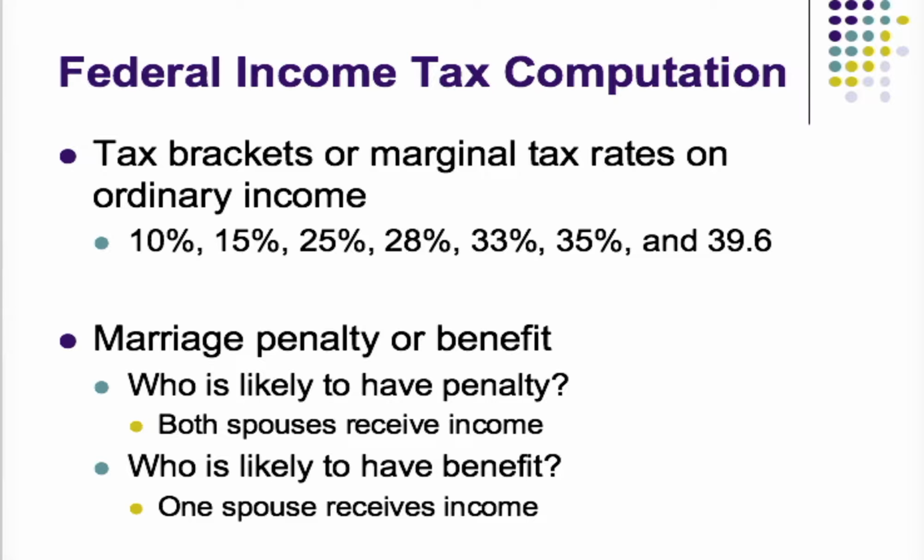So really, if you're in the 35% bracket, that doesn't mean that all your income's taxed at 35%. It just means that you've already gone all the way up through the 10%, the 15%, the 25%, the 28%, and the 33% components of the tax. And each next dollar that you make right now is within the 35% bracket.